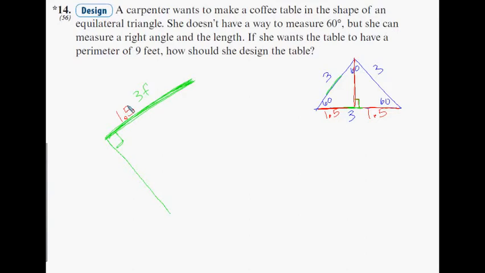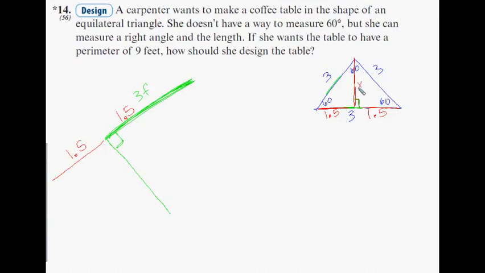That means she can come out this way 1.5 as well. Okay, so if she knows that, and she can measure length, right? So if she knows this is 1.5, she can also figure out, using the Pythagorean theorem, what this height should be.